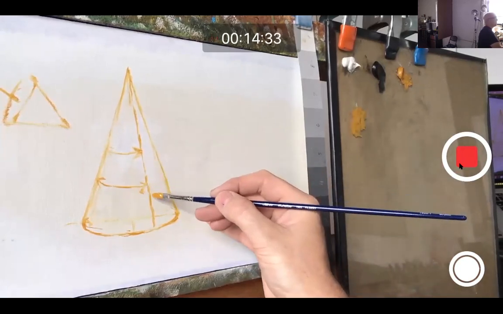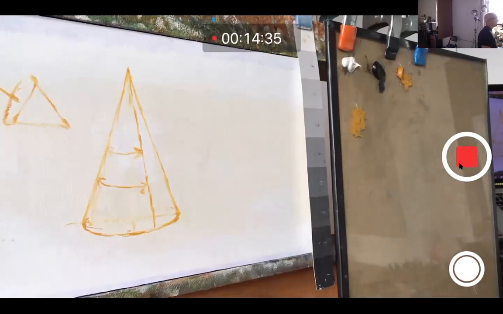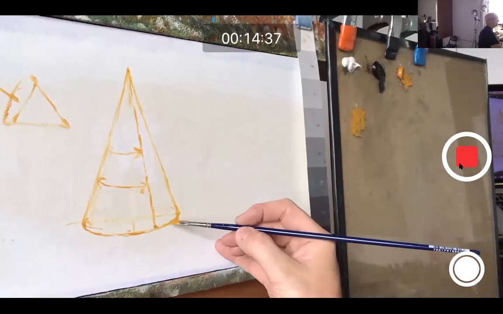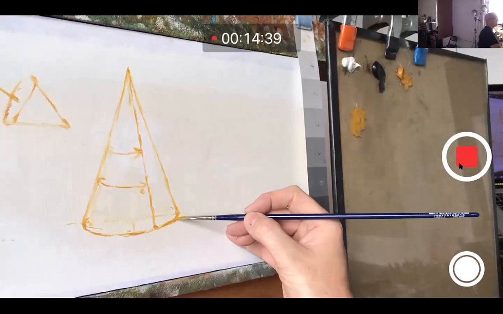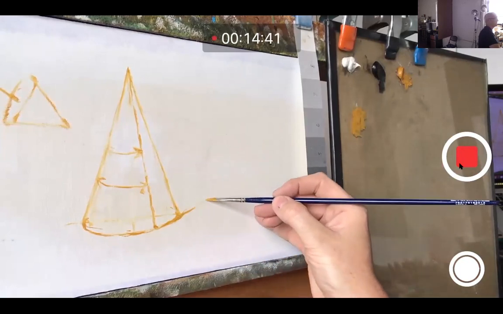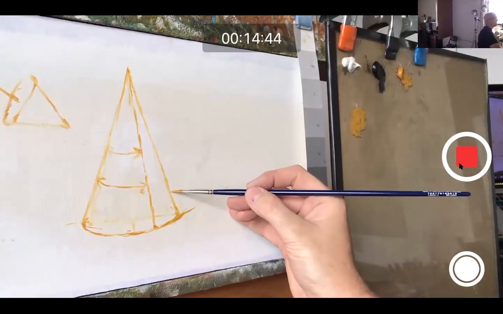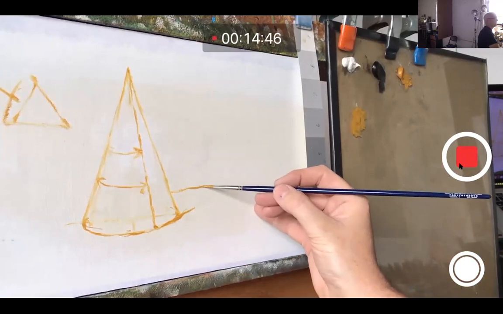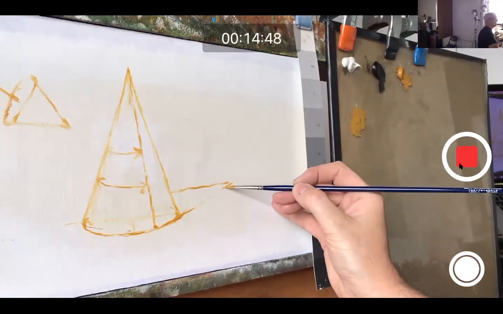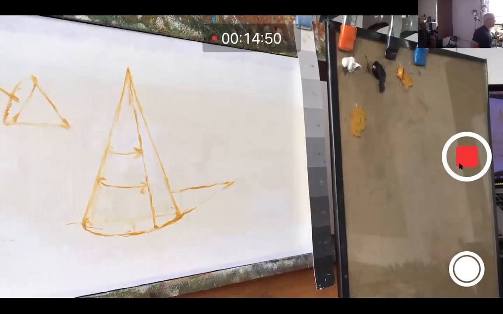So this is the terminator, or the shadow edge. And then in this setup we have a cast shadow, which in this case fairly closely recreates the cone itself.